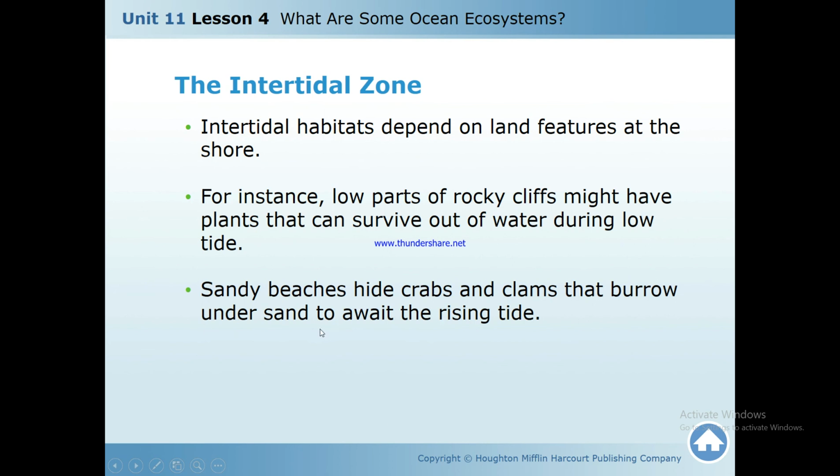Why? Because they don't want to be exposed and caught by the birds or other animals. So they wait under the sand for the rising tide, and once the tide rises, they are back up there.